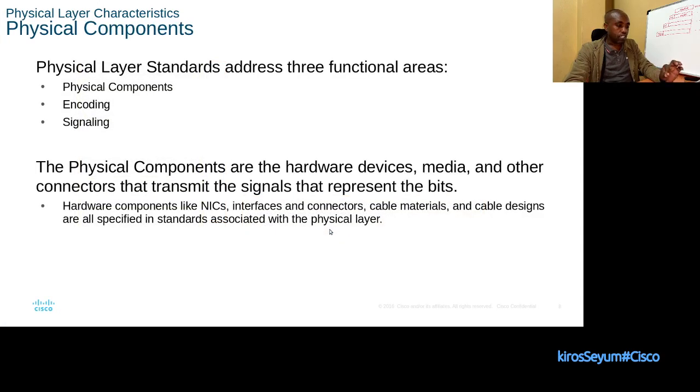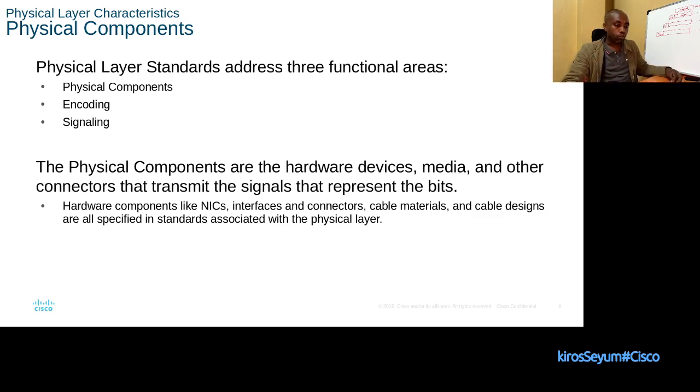So physical components, we have what we call the physical layer standards. You can have wires, these UTP wires, or these components have to take some signal. But in what form is that signal transmitted from one point to another point? You need what we call encoding.